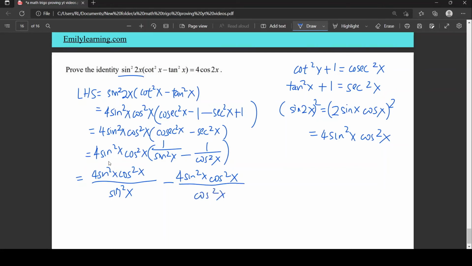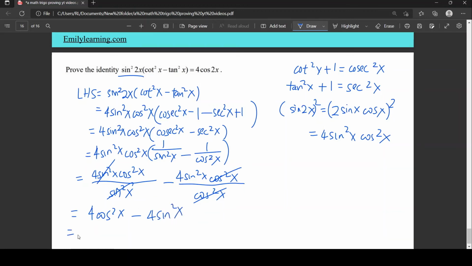So for this term here, I'm going to cancel away sine squared x. So I'm left with 4 cosine squared x. For this term here, I'm going to cancel away cosine squared x. So I'm left with 4 sine squared x. So I have 4 cosine squared x minus 4 sine squared x.